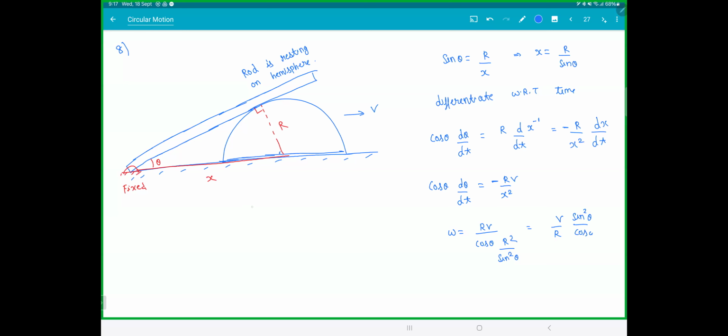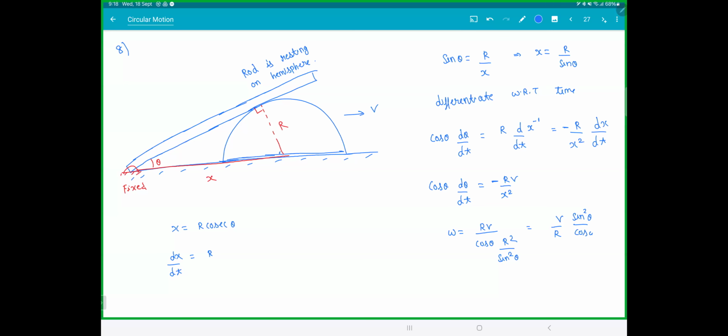Or you could have done like this also, x is equal to r cosecant theta, and cosecant theta का differential will be cosecant theta cot theta, if you know that. In case you don't know that, then you can do this way also. That is also another good way to do r cosecant theta, and then differentiate.